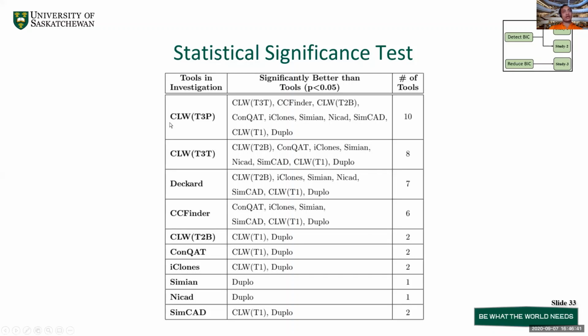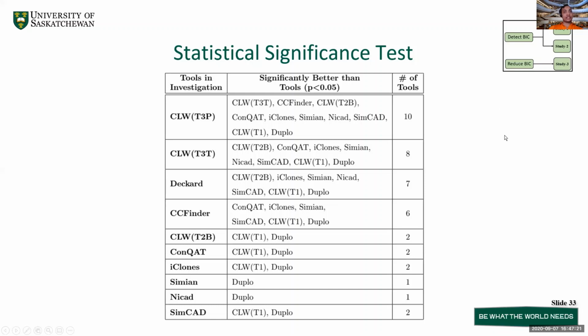So if we want to see whether CloneWorks type 3 pattern works significantly better than the others or not, there are 11 other tools, and we can see that CloneWorks type 3 pattern works significantly better, based on the Wilcoxon signed rank test, than the other 10 clone detection tools. CloneWorks type 3 token also performs significantly better than the other 8 clone detection tools. Similarly, Descartes beats the other 7 and CC Finder the other 6.